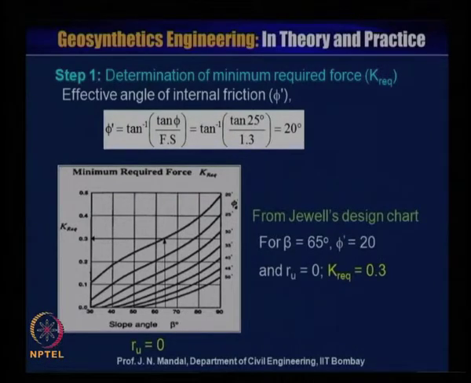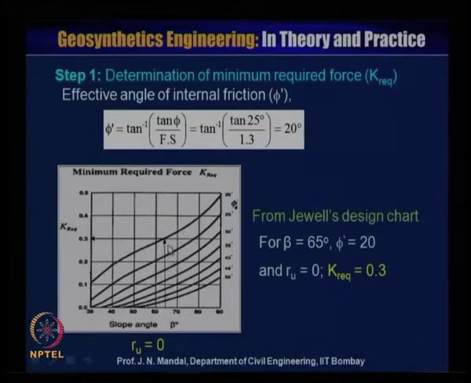So, this is the design chart for Ru equal to 0, that is pore water pressure equal to 0, and this is the slope angle beta, and this is the minimum required force K required. So, we have to calculate what will be the minimum required force K required from this design chart. Now, we know that beta is 65 degree and phi dash is 20 degree.